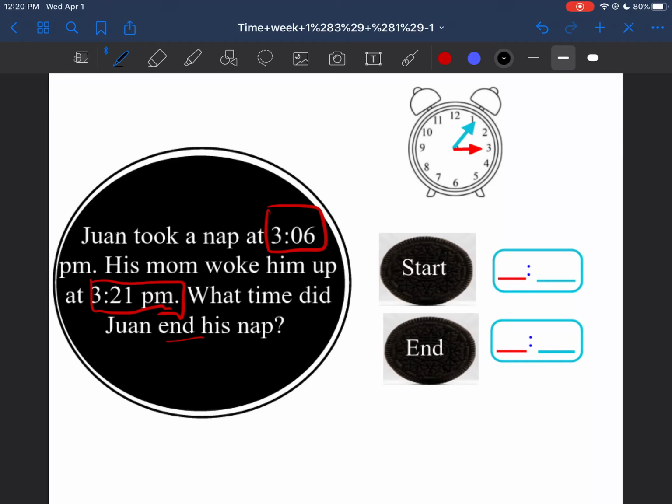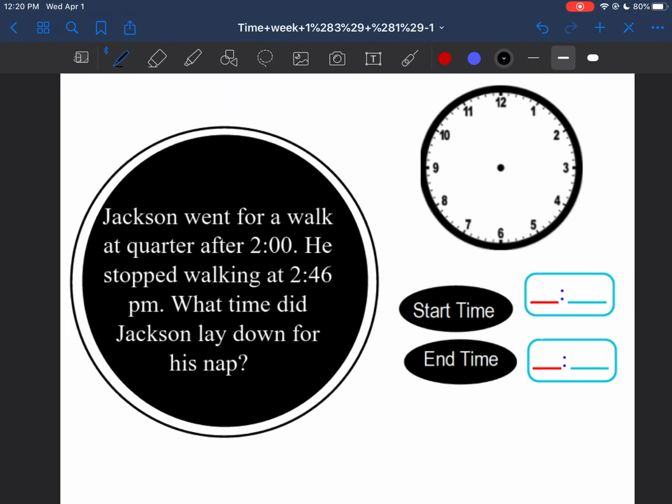Yes, Juan took a nap at 3:06 p.m. That is our start time. His mom woke him up at 3:21 p.m. So what time was his nap over? 3:21. In this problem, we know the start time and we know the end time. Let's look at this one.